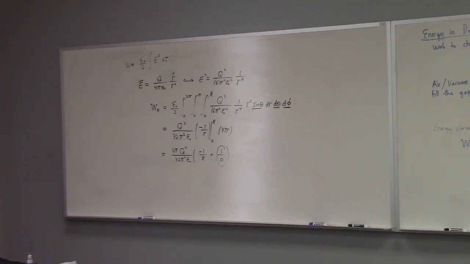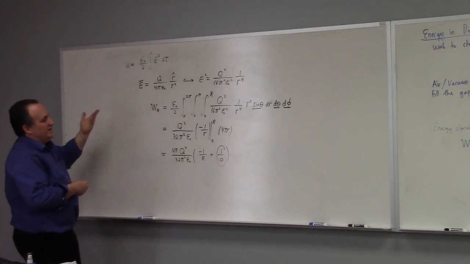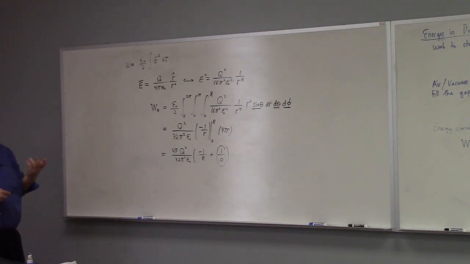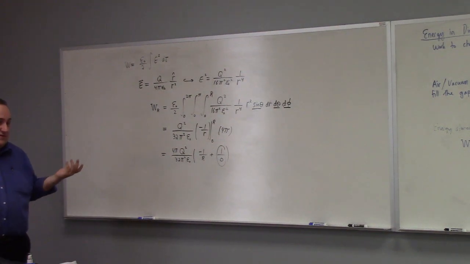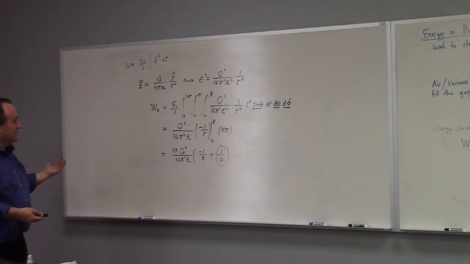There's like a whole half page in Griffiths trying to talk around this. You can read that page, see what you think of it. But it says what it says, which is that the interpretation of this, well, okay, so something's wrong, obviously, right? I guess that's the question: is there something wrong? Is there an infinite amount of energy in the Coulomb field?